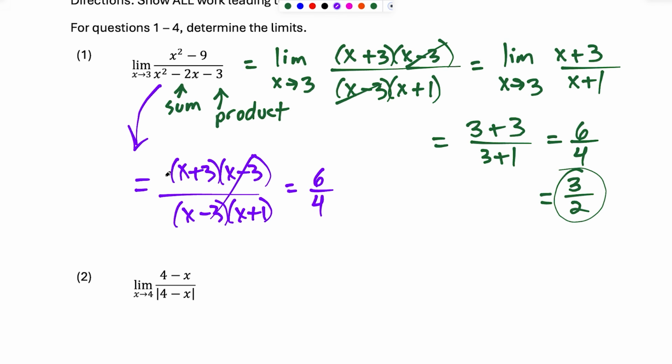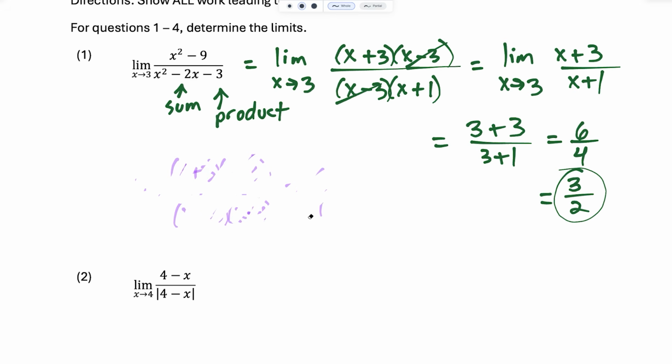So you have to write the limit notation throughout, unless you do the algebra on the side and jump immediately to this step here. Don't just say this equals this and then simplify from there. That's a common mistake. It's good that you get the limit correct, but your notation also has to be good.